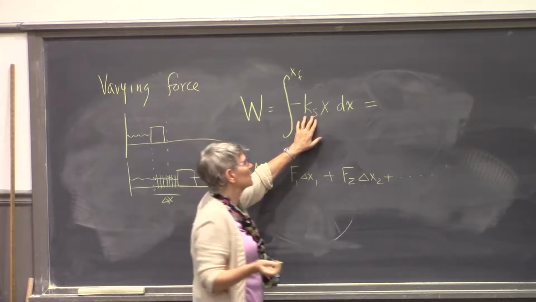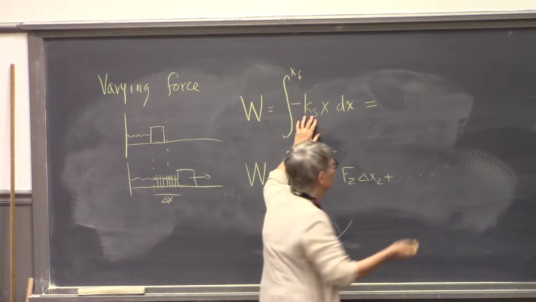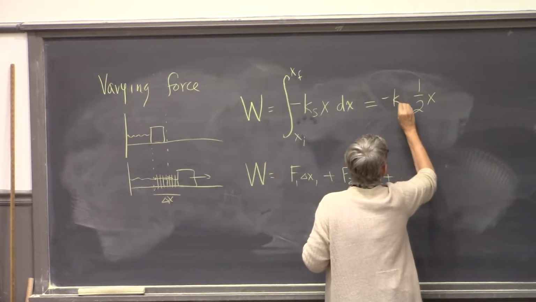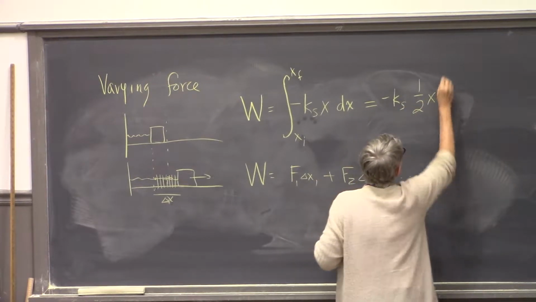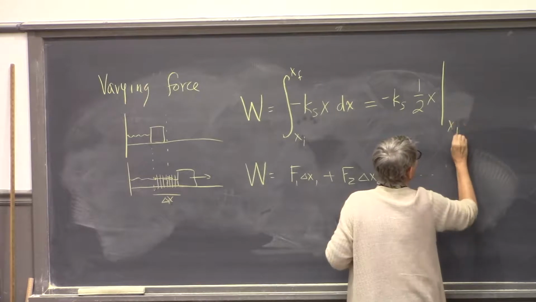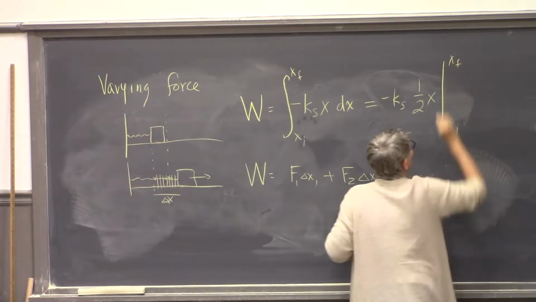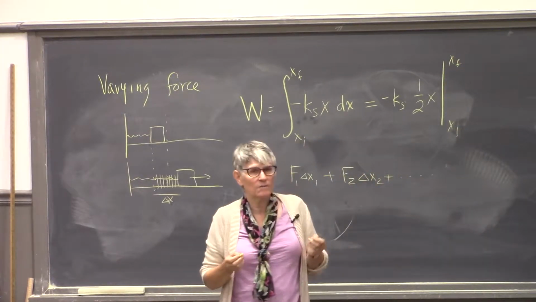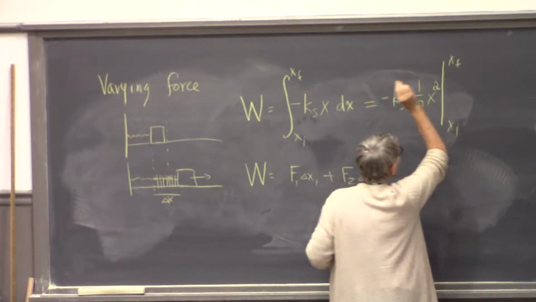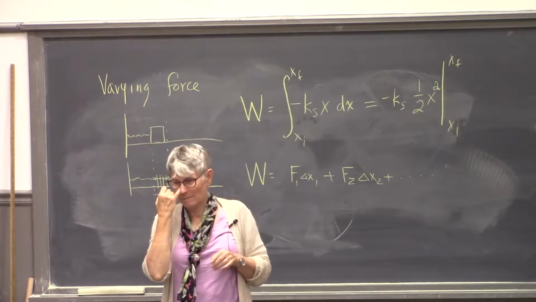So the integral of x dx is indeed a half x squared. We have this minus k sub s here, and we're going to evaluate it from x initial to x final, right?